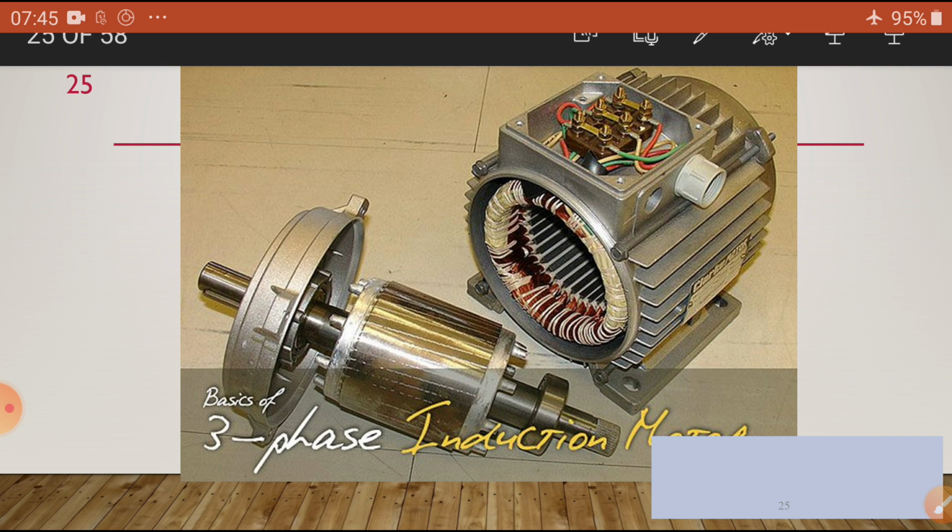Okay, and in the short circuit, the blocked rotor test, the second case, the rotor is blocked with the help of a belt. That means the rotor is unable to rotate, such that we tighten the springs. Initially, we tighten the rotor, it is not rotating at any stage, it is blocked, it is a standstill condition, that means the rotor speed is 0.